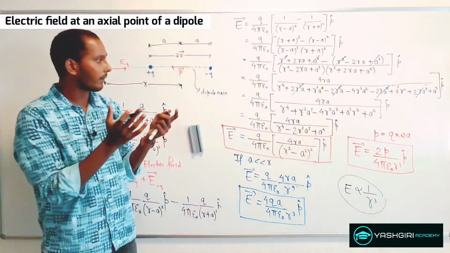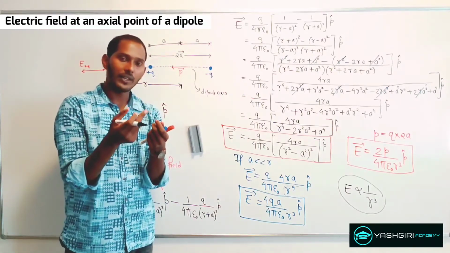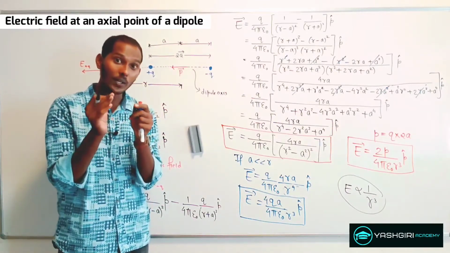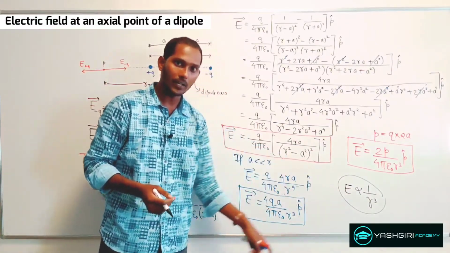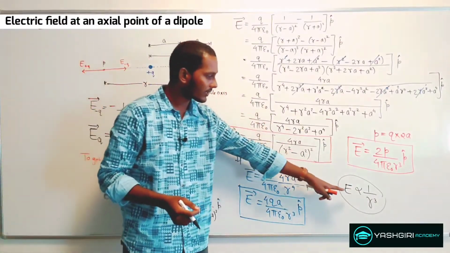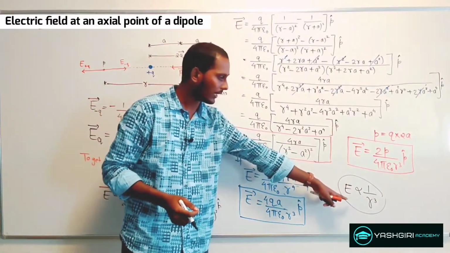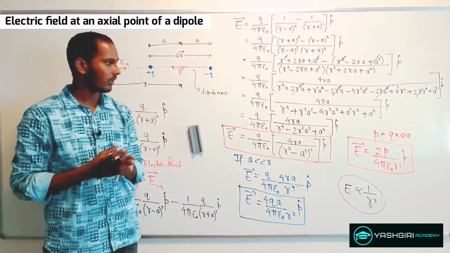But if you compare this with a point charge, the electric field for a point charge is 1 over r square, and here in this case it's 1 over r cube. So that's the point to make a note of. For an electric dipole it varies inversely as 1 over r cube, but for a point charge it is 1 over r square.